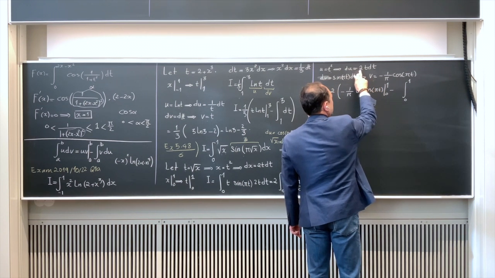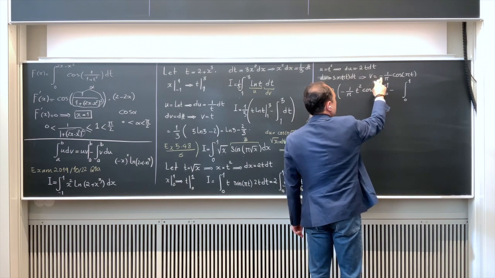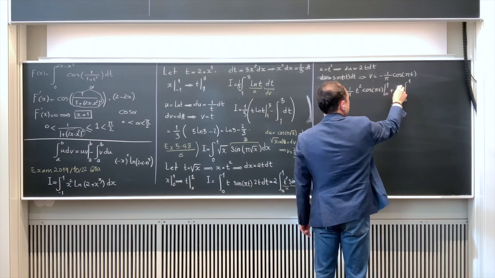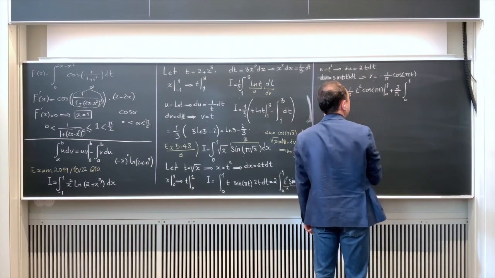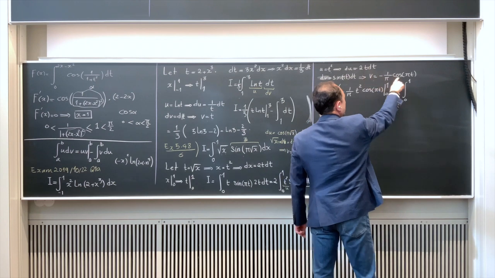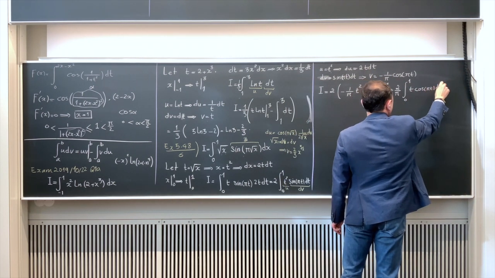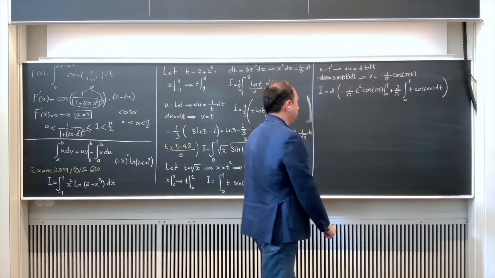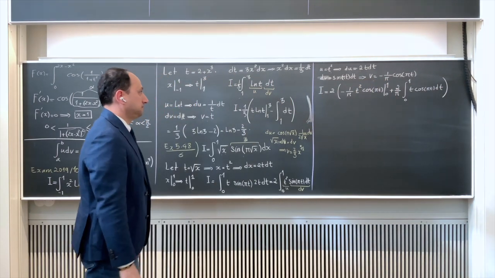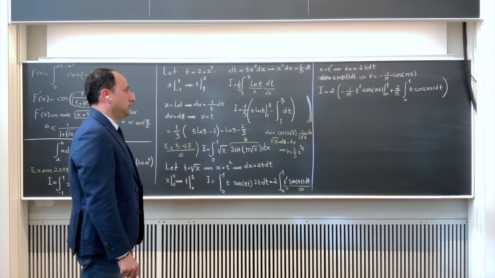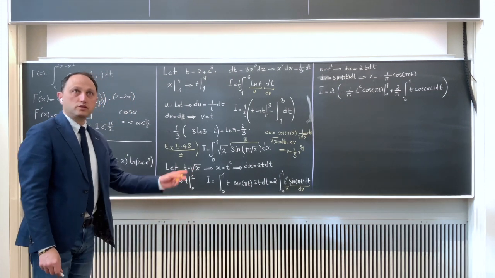In du you have a 2, in v you have a minus 1 over pi, you bring them out, it becomes positive 2 over pi, and then t cosine pi t dt. Okay, let me ask you, any questions?